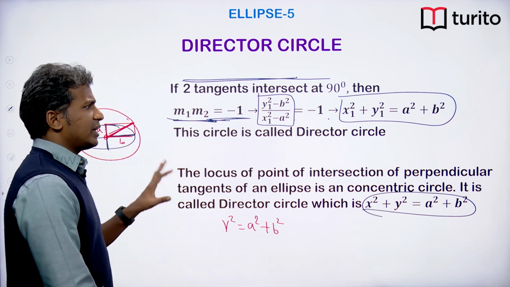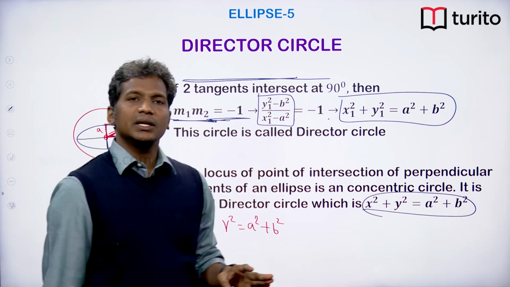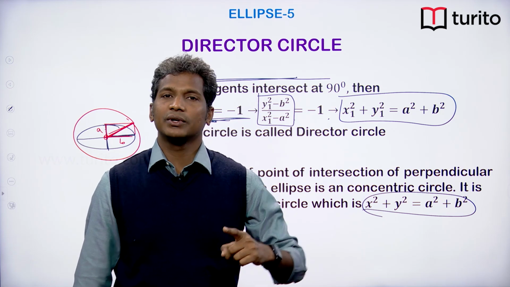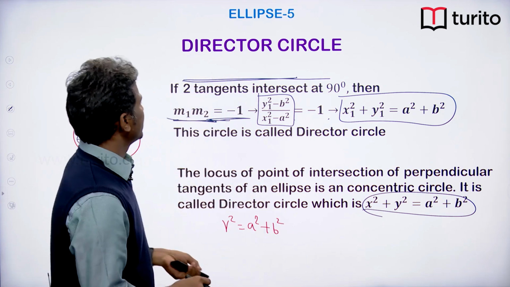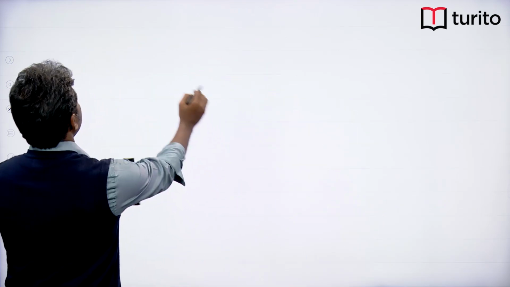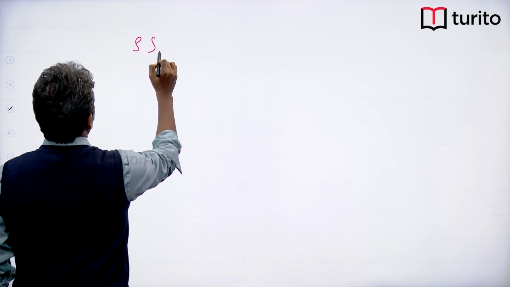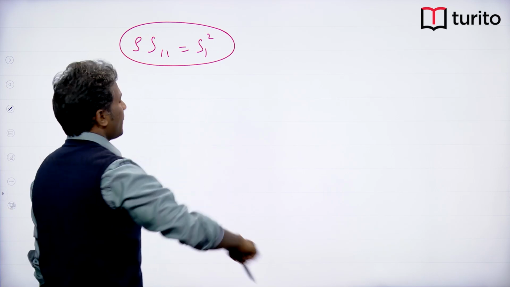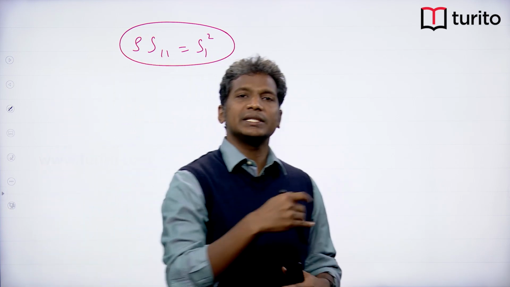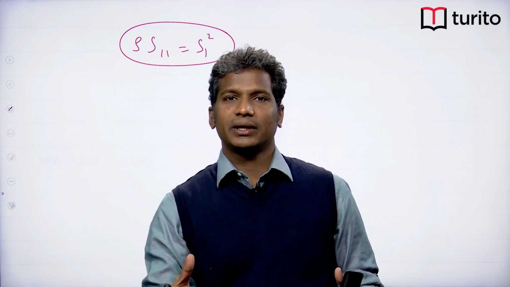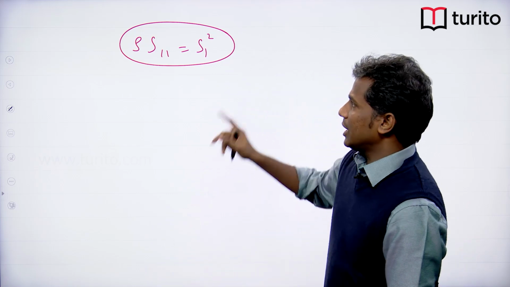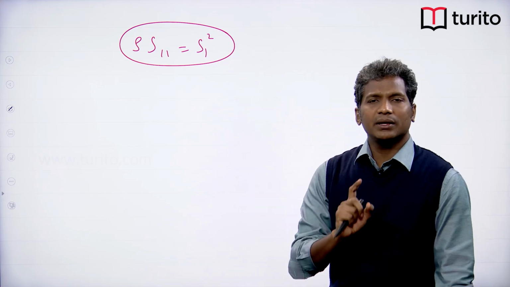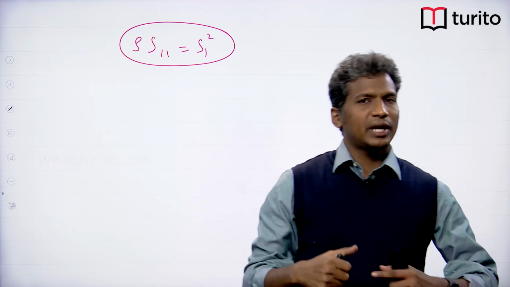Now, to arrive at the equation of director circle, you can also use the concept of pair of tangents. For example, let us say you start with this idea, SS11 equal to S1 square. What does this give you? This gives you pair of tangents through any external point. Now, take the locus point as h comma k, and through that point get the pair of tangents.